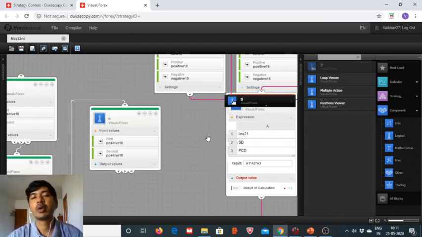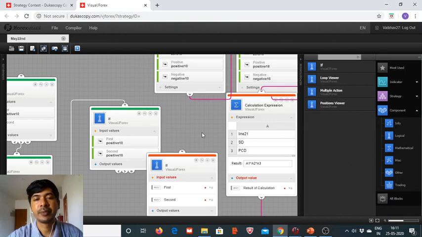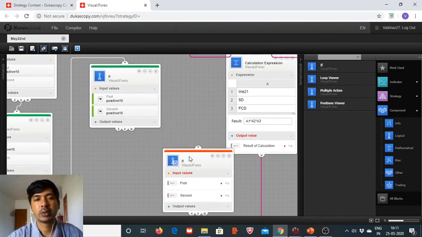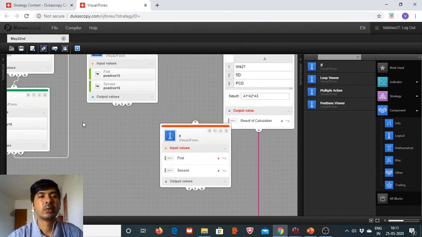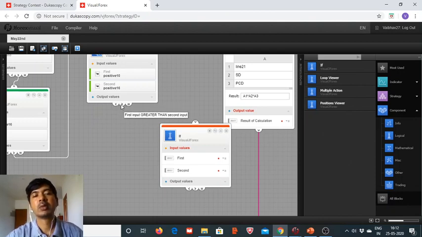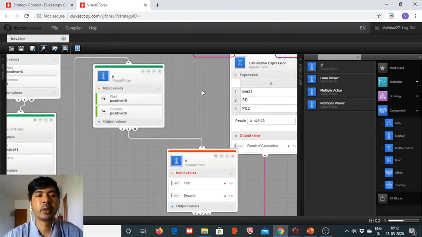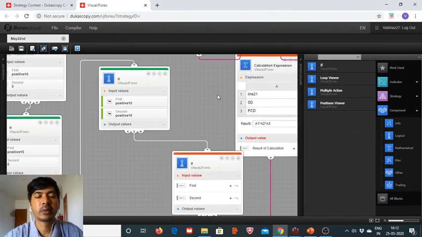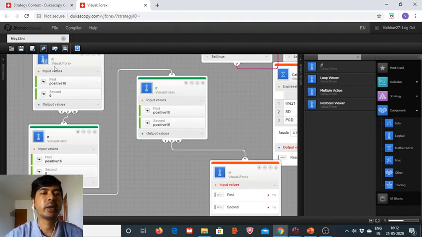So we now need to bring in further blocks. First input greater than the second input. Okay, so we take this.